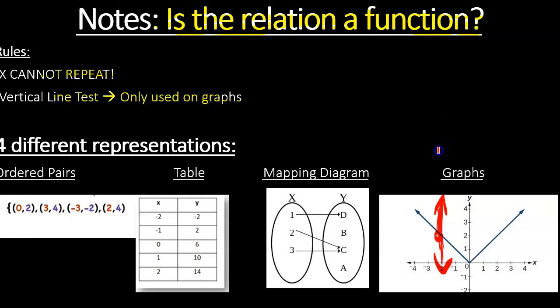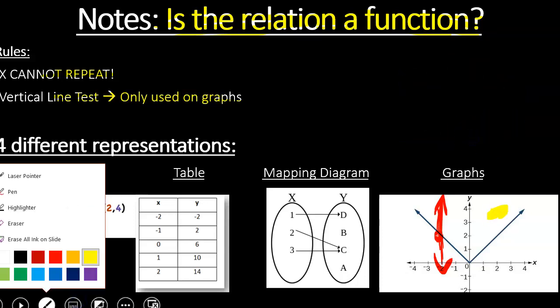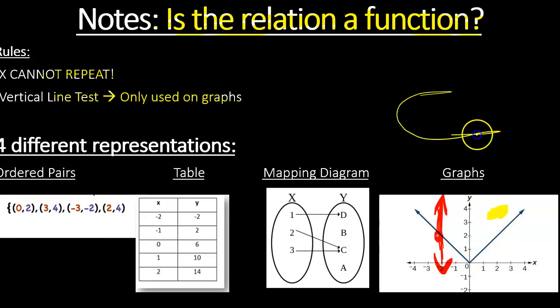However, if this was my graph, it would not pass the vertical line test because it touches in two spots, which means those x values are repeating.